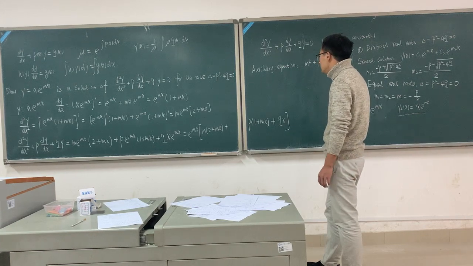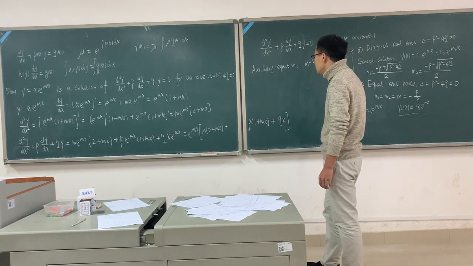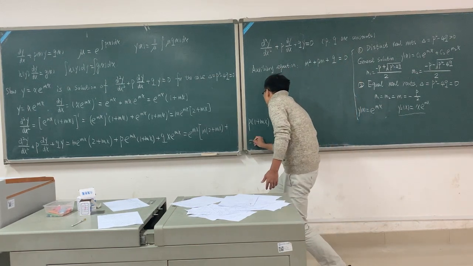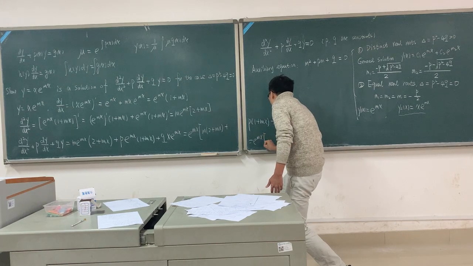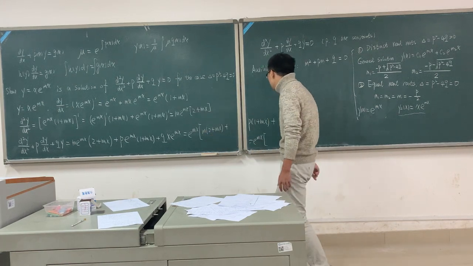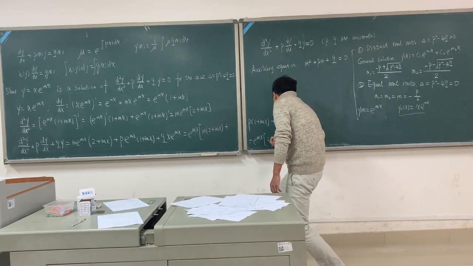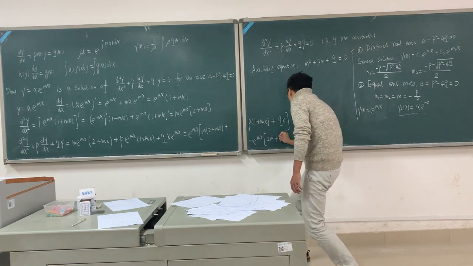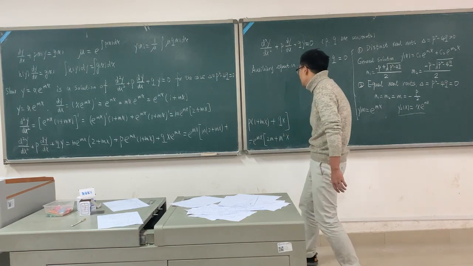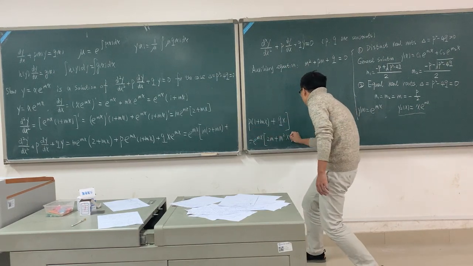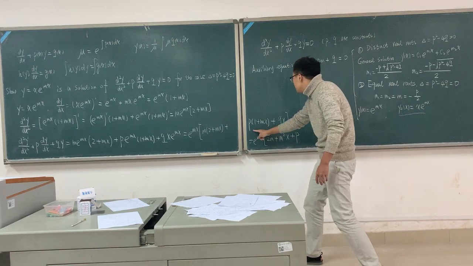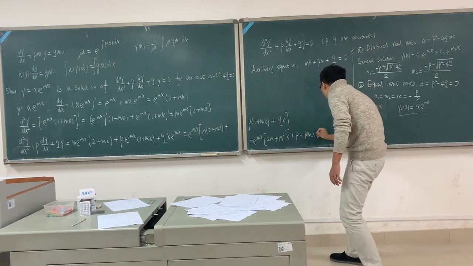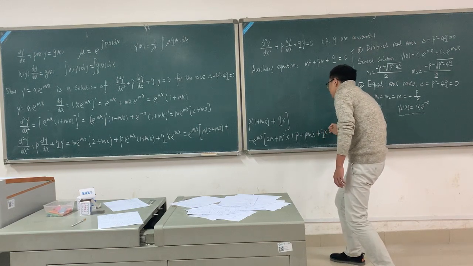We can calculate: e^(mx) times (2m plus m square x), plus pmx, plus qx.